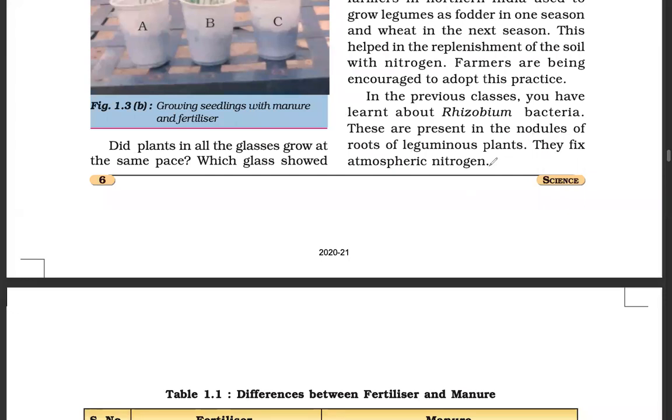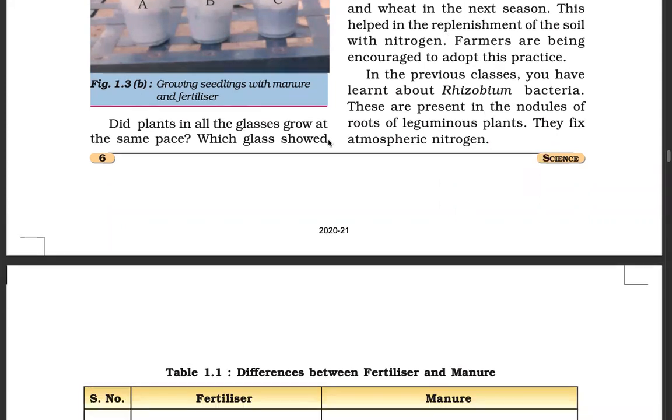This here is a full stop. It should be they fix atmospheric nitrogen into, a printing mistake. They have not given the names, I'm going to tell you: atmospheric nitrogen into nitrates and nitrites. Just remember this, nitrates and nitrites.